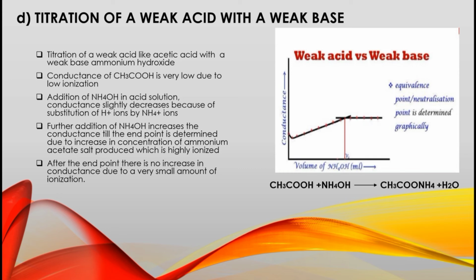This is due to the increase in concentration of the ammonium acetate salt which is produced, which is highly ionized. After the end point, there is no increase in conductance due to a very small amount of ionization. So here at the end you can see there is no increase. Okay, it is constant.